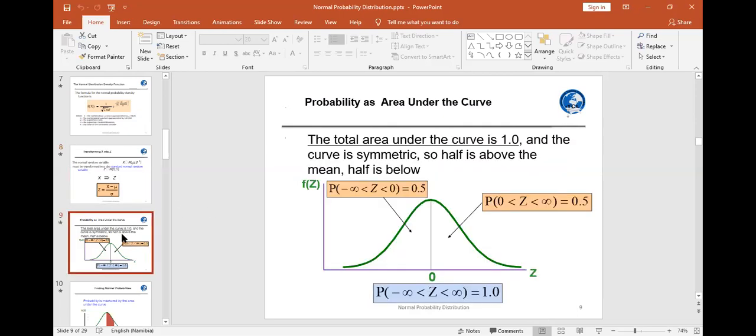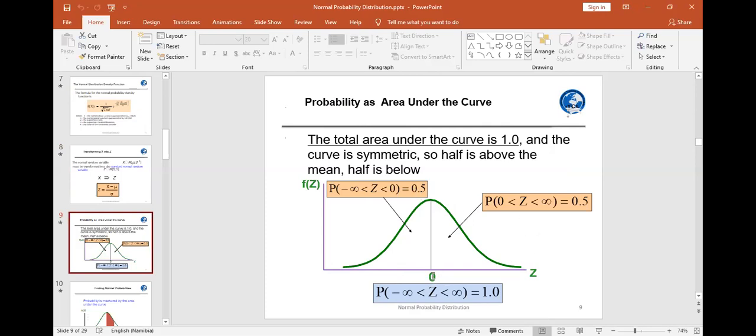Now, moving on, we are interested in finding the probability, or the area under the normal curve. This goes from negative infinity to positive infinity, with the point 0 in the middle. From negative infinity up to this point, the probability is equal to 0.5.